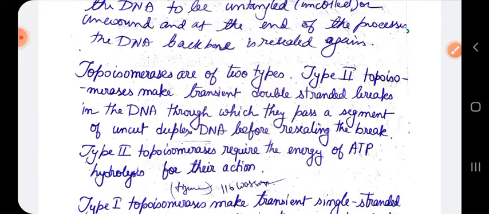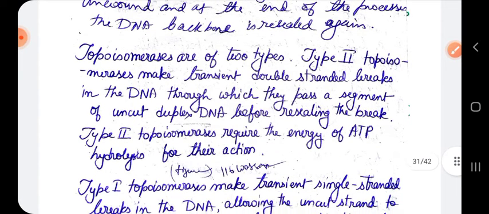Now, they do not require energy for cutting those strands. Actually, they require energy for the conformational change in the structure of topoisomerase 2. Later on you will see. Type 1 obviously doesn't need energy.